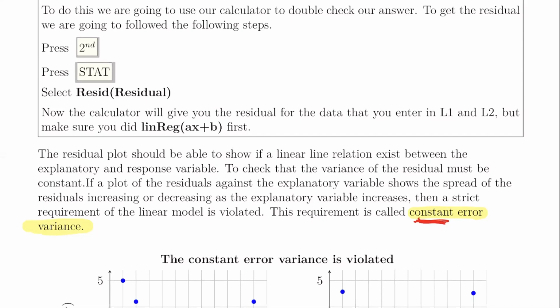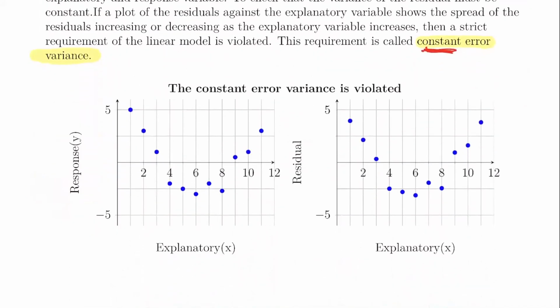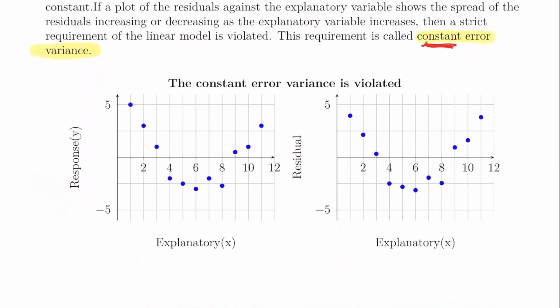All right, so let's go ahead and look at it. Here we go, a regular X and Y scatter plot. If I look at this scatter plot, does it look like a linear line or does it not?